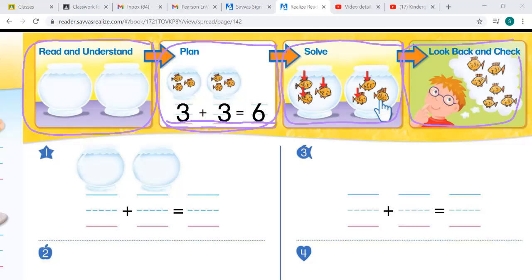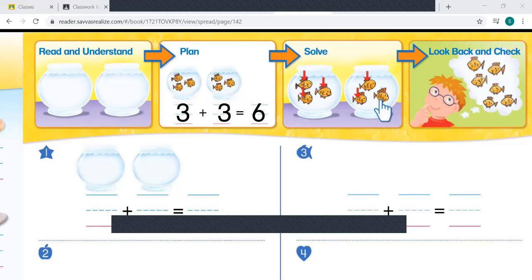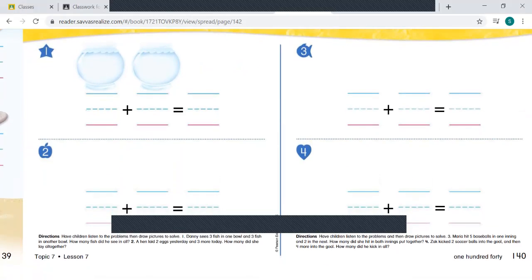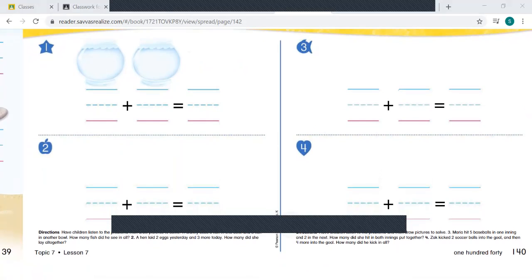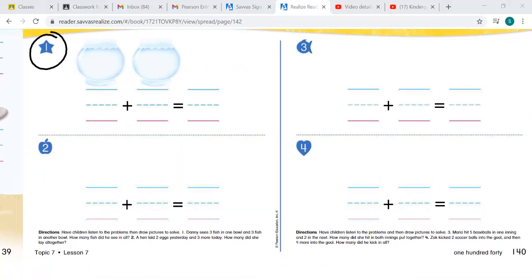All right, let's look at our first problem. We are on number 1 here. It says, listen to the problems, then draw pictures to solve. So we're going to say that Yusuf sees 3 fish in one bowl and 3 fish in another bowl. So how many fish did he see in all?